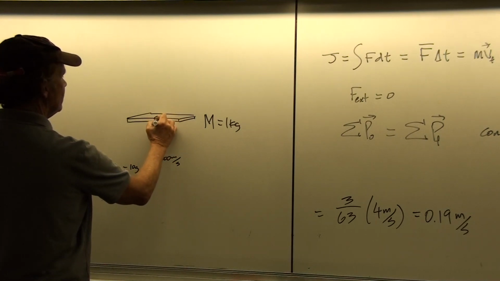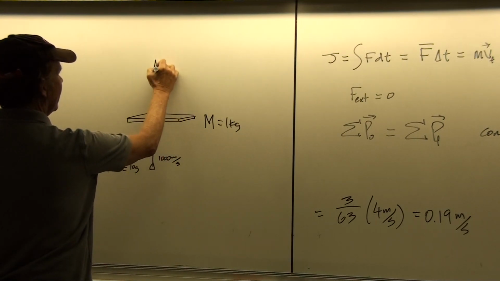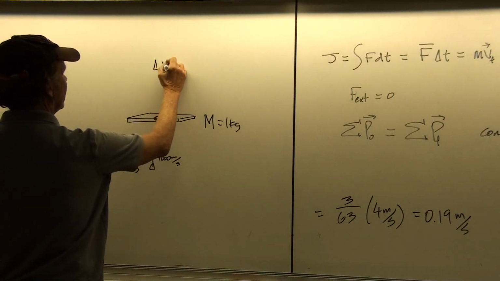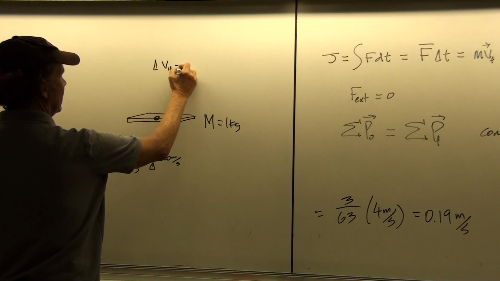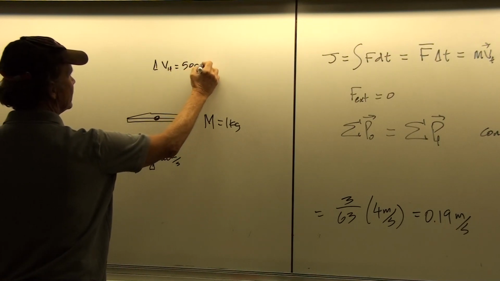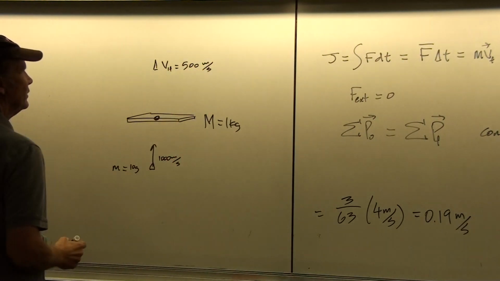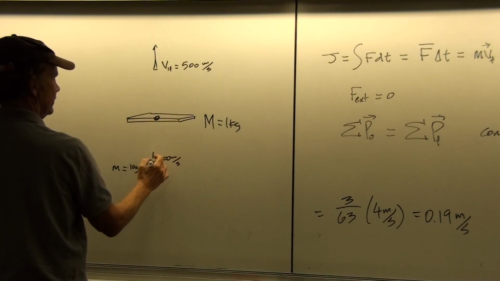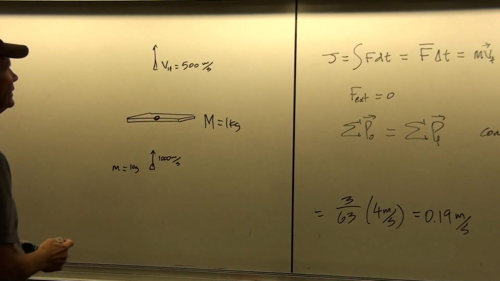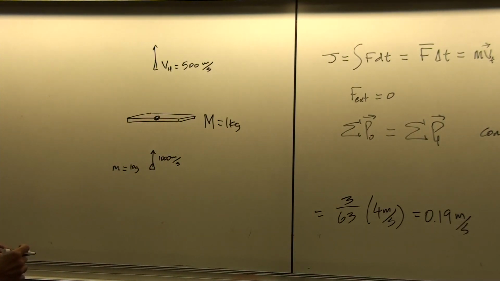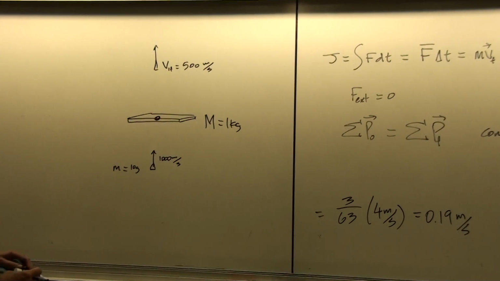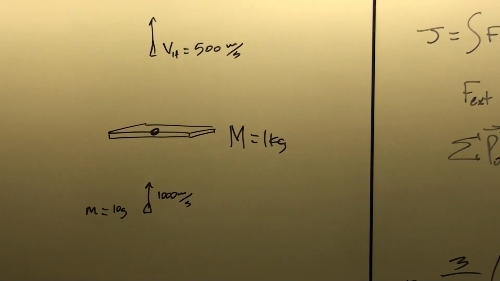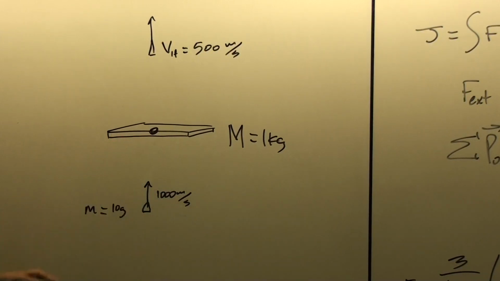It goes through the mass, and then after it's gone through the mass, it has a final velocity of half of its original velocity. So V1 final for the bullet is 500 meters per second, whereas initially, before it went through the plate, it had a velocity of 1,000 meters per second. Let's assume it still has the same mass, and that the plate hasn't lost any mass by knocking the hole in it, okay, because it's a small hole.